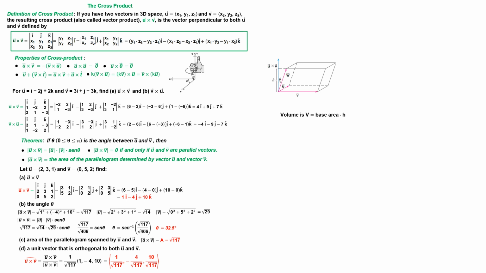We know that the area of the parallelogram base is the length of the cross product, and that the direction of the vector u cross v is perpendicular to the base. The height of the parallelepiped is the component of the vector w in the direction normal to the base, that is, in the direction of u cross v.